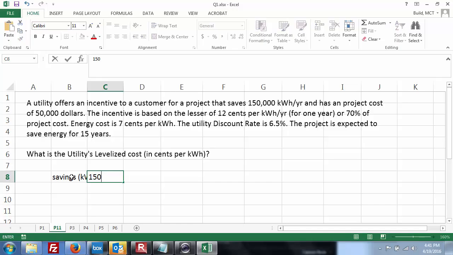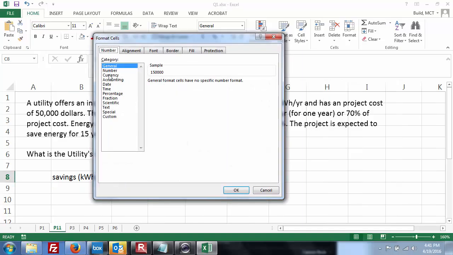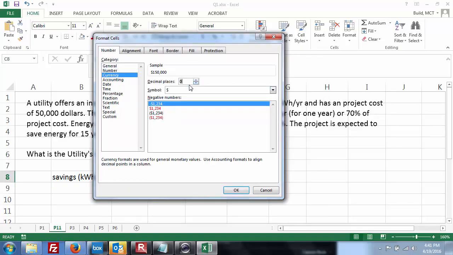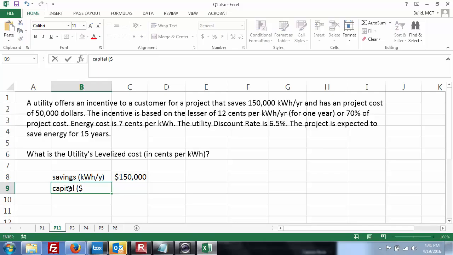Man, that's a big project. And I strongly encourage you to use the right units on that. Savings, capital. This is dollars. 50.